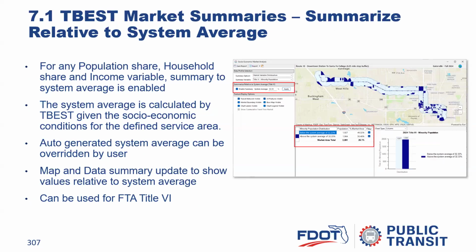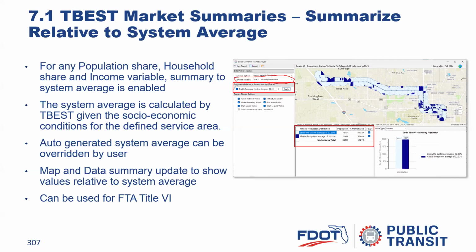All right, so this is a Title VI type of tool that we have in TBEST to very quickly be able to summarize the map, whatever market analysis that we're running, relative to the system average. Now, in this case, we've selected our market variable is Title VI minority population.